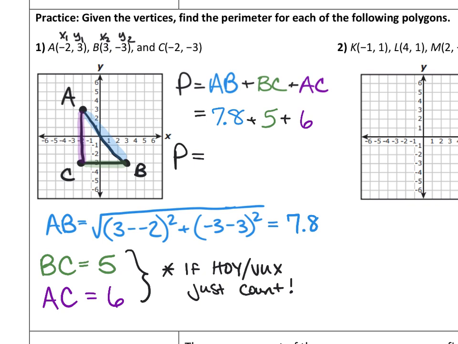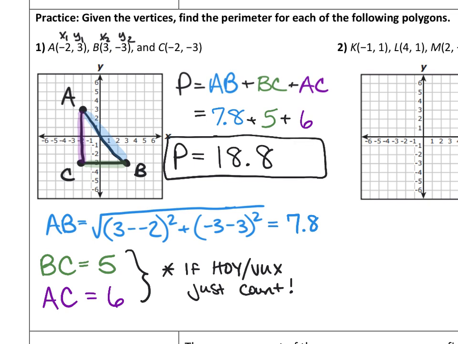In your calculator, please, what is 7.8 plus 5 plus 6? Did you get 18.8? I hope you did. Now, because this is a real life thing, we are measuring something, we have to say what we're measuring in. When it doesn't tell you what you're measuring in, you put the word units behind it. So 18.8 units is the perimeter of that object.